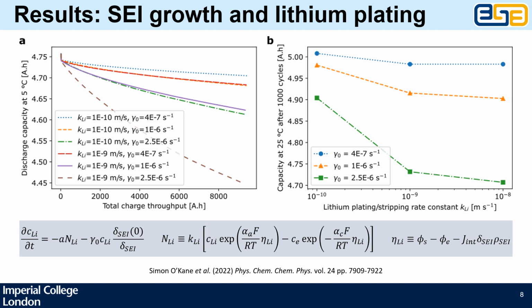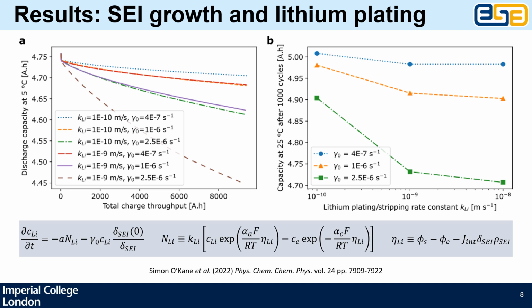On the bottom left, you can see the equation that I've used for lithium plating. It has a reversible term and an irreversible term. And so you also have two adjustable constants, the reversible constant K and the irreversible constant gamma. We've tried varying those to see what happens.